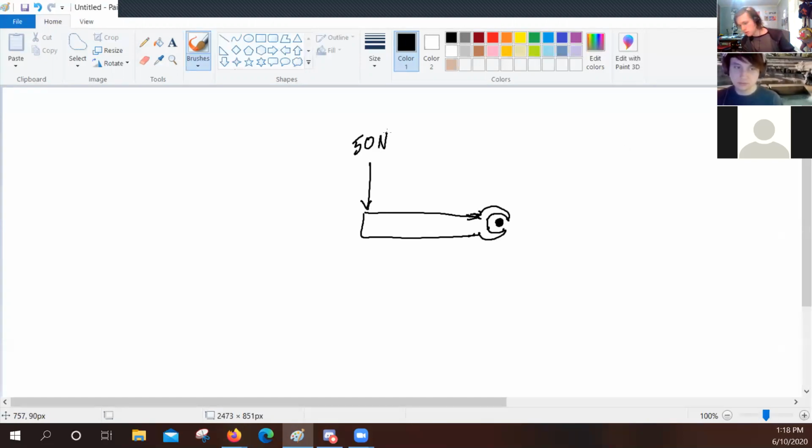Why is this all wobbly? Am I on something? Yeah, I am. Oh, there she is. All right, so we've got our wrench here. We've got our pivot. We've got our force, which is 50 newtons. And then we've got our distance, which is 0.15 meters from our pivot, okay?